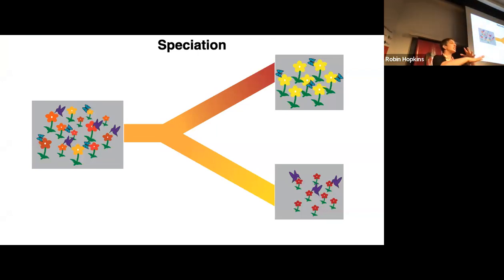I'm just going to define speciation right now as the process where one interbreeding group of organisms splits into two distinct non-interbreeding groups of organisms, or less interbreeding groups of organisms, right? So this is an evolutionary process that takes place over time. And as someone who studies speciation, what I actually study is the evolution of reproductive isolation.